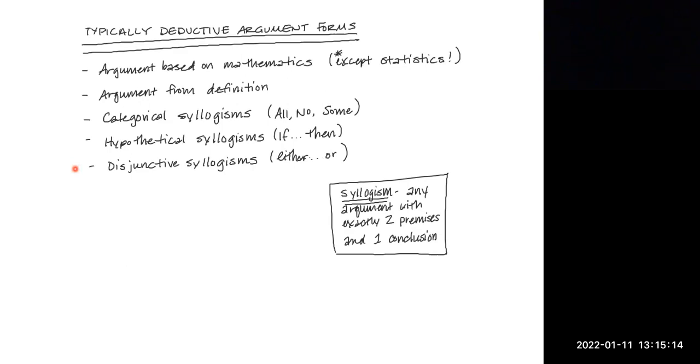Either global warming will be arrested or hurricanes will become more intense. Global warming will not be arrested in the sense of being stopped. Therefore, hurricanes will become more intense. So it's an argument that has exactly two premises and one conclusion, and it contains an either-or. So it is also best treated as a typically deductive argument.